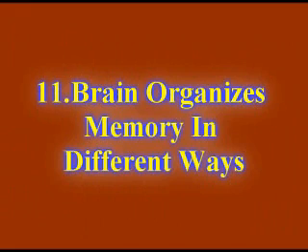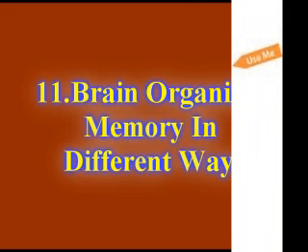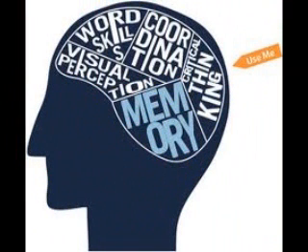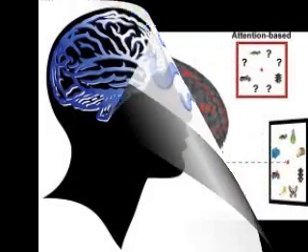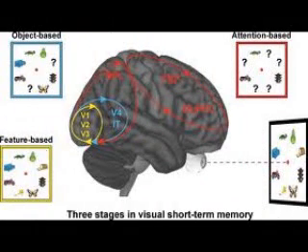Let's continue with principle number 11, which is that the brain organizes memory in different ways. In this principle, the retrieval of knowledge depends upon how the information was stored. If students' brains consider the information meaningless, it will make the retrieval process harder and won't be satisfactory for students.